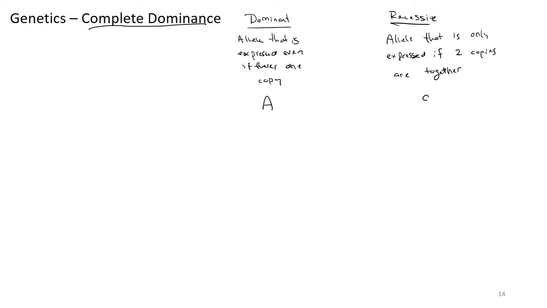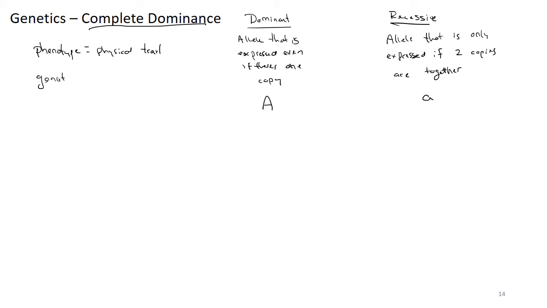Right? So in this case, we'd use the little letter, lowercase a. So when we see people being expressed, they have either a dominant appearance or a not dominant appearance. Now, for appearance, we use this phrase called phenotype, which means physical appearance or physical trait.